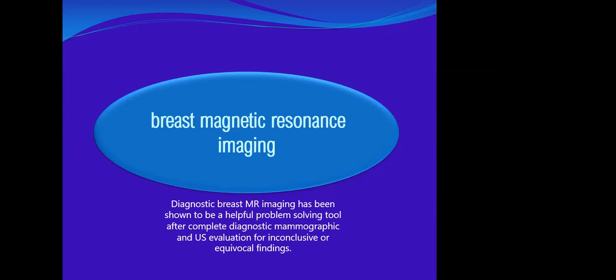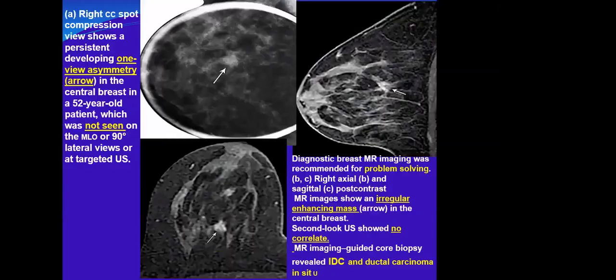We should not just see a developing asymmetry or focal asymmetry without doing spot compression or doing other mammographic views, not doing ultrasound, jumping directly to MRI. We have to complete the whole workup, and then if we need, go to MRI, and this is an example. Here the spot compression demonstrates the area of asymmetry as persistent.